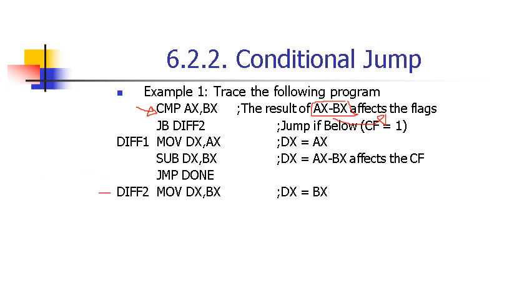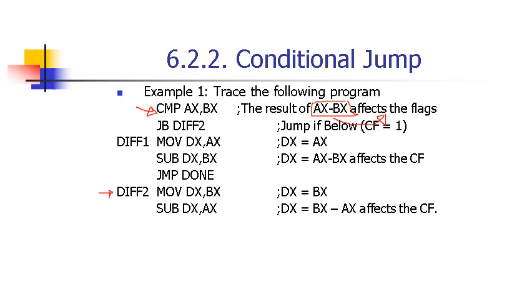And def2 does this. It takes BX, which is the larger value, and places it into DX. Then subtract AX from whatever value was placed in DX, which is BX. So get now the difference between AX and BX.